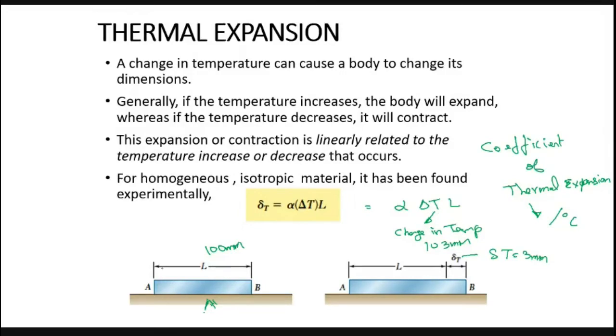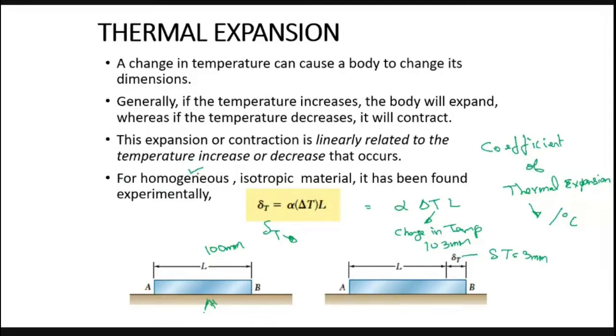L is the length of my rod. If my length is 100 mm, I have to multiply accordingly and identify the change in length due to temperature effect. This is the del T, which means due to temperature effect. Make sure your material has to be homogeneous. What is homogeneous?